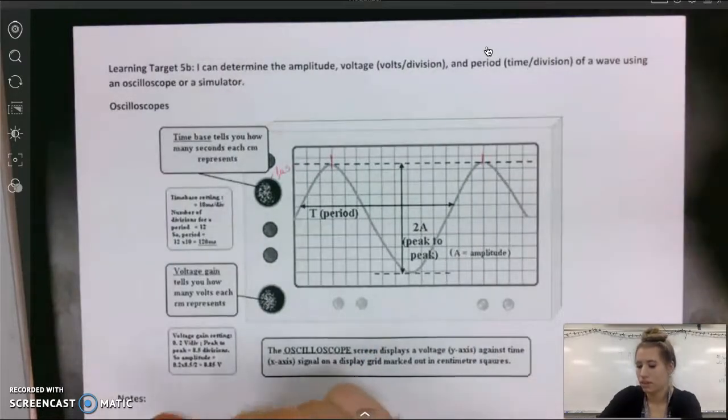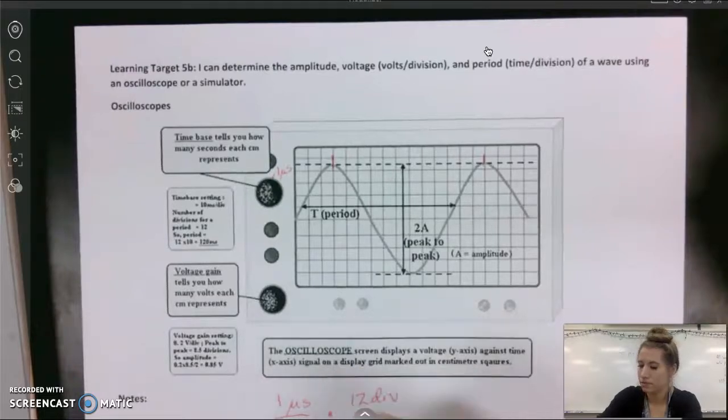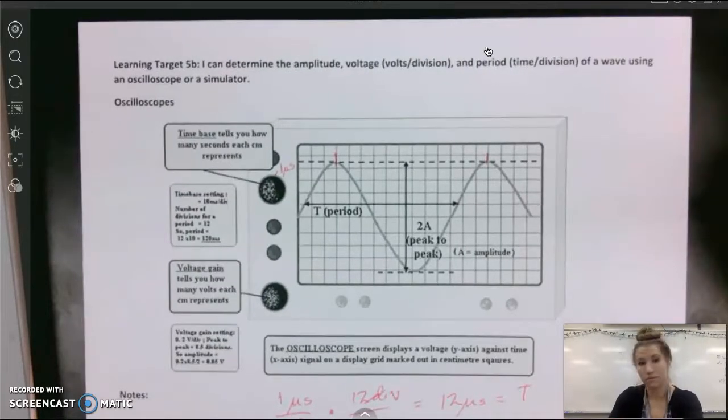And each division is 1 microsecond. So if I have 1 microsecond per division, and I have 12 divisions, then I am left with 12 microseconds for my period, the time between waves.